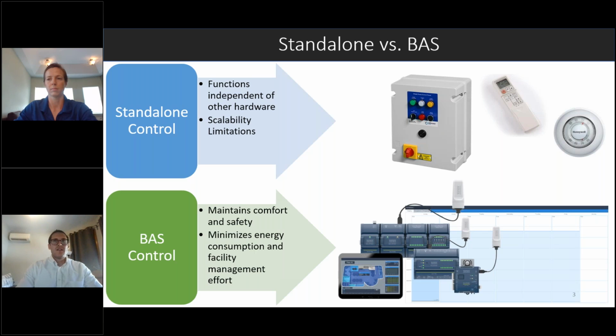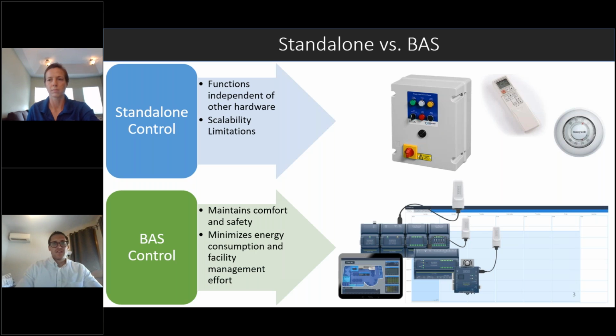So standalone control functionality is quite limited in the setup. It's usually meant to just be set up for an individual piece of equipment, not very scalable and not the most energy efficient option that you have out there. So a standalone control could be something such as just a single zone rooftop unit being controlled by a thermostat.